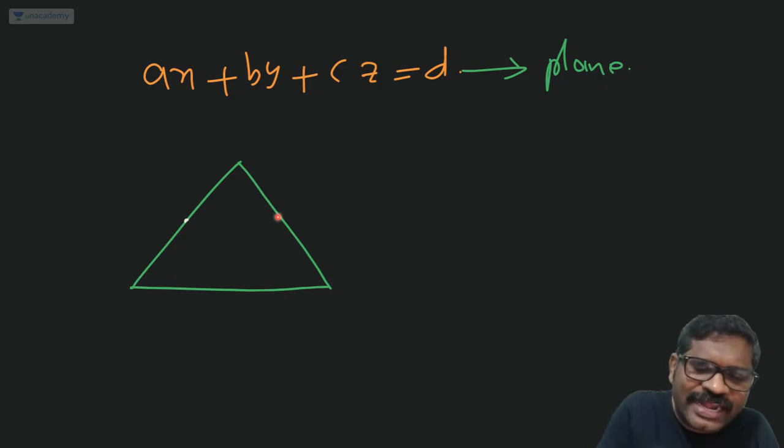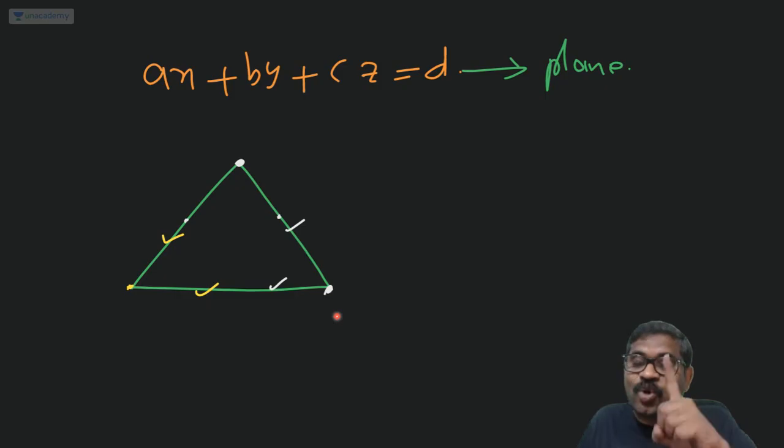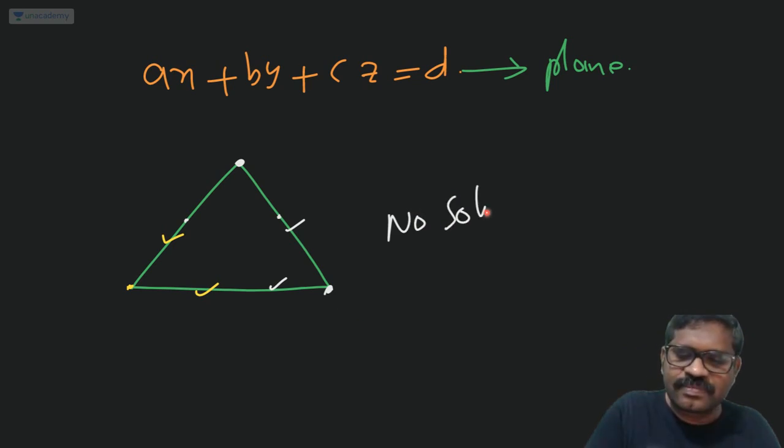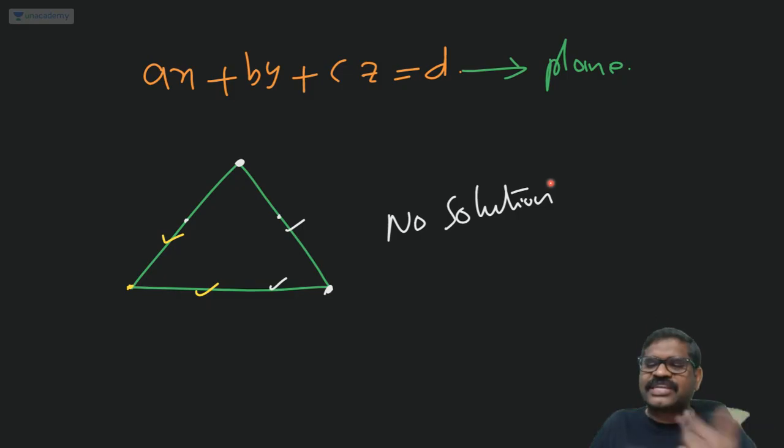Two planes are intersecting at this point, these two planes at this point, and these two planes at this point. Are all three planes intersecting at any point? There is no point of intersection. No point of intersection means it has no solution, because there is no common point of intersection.